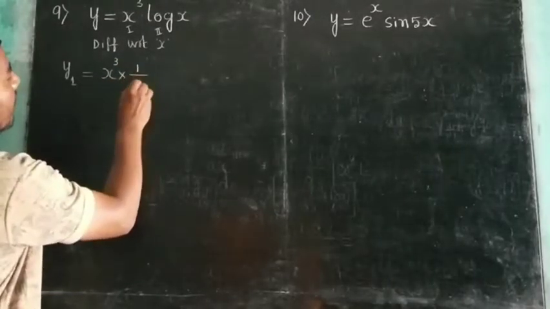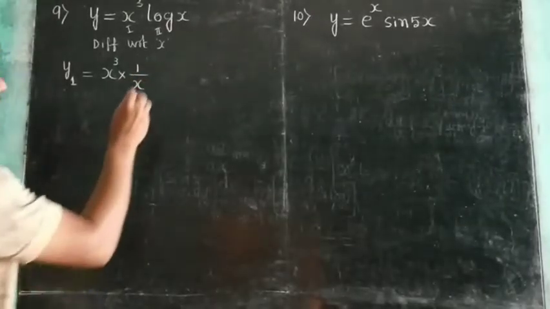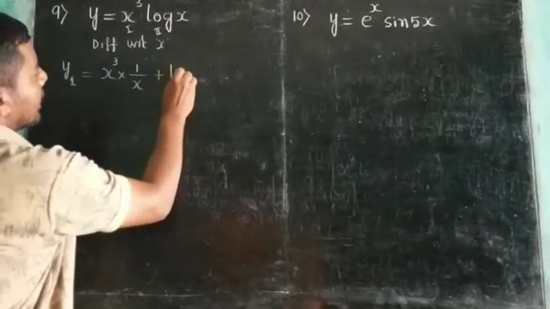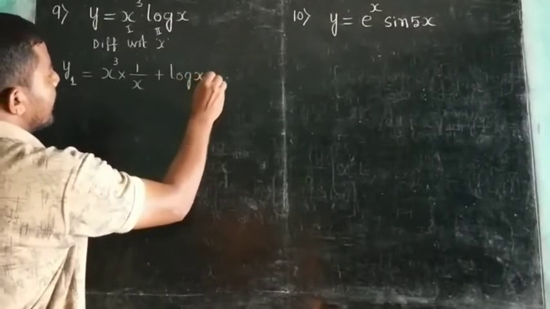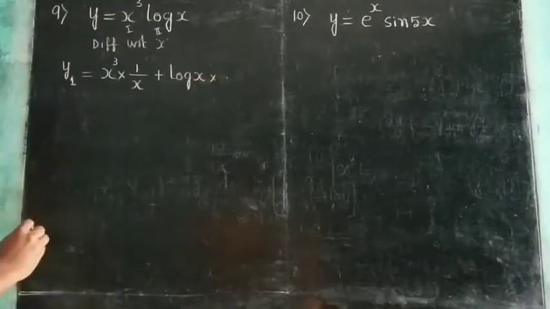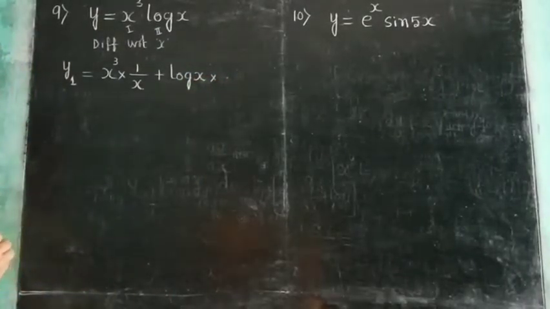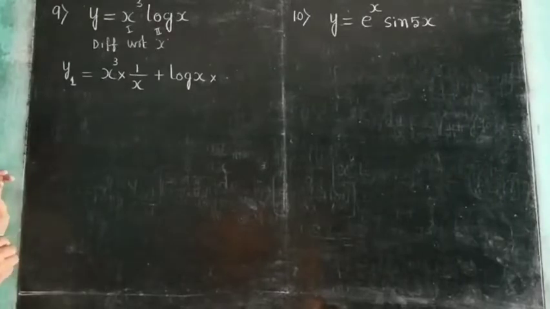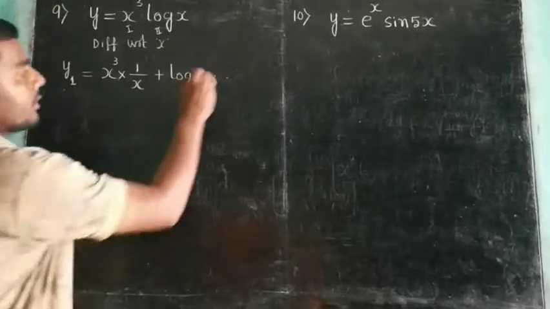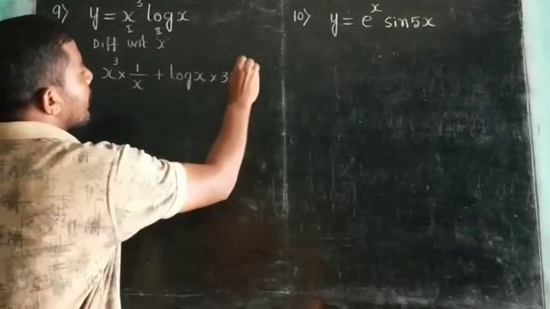The derivative of log x is 1 by x, plus second function as it is, into the derivative of x cube. x cube is of the form x power n, so the derivative is n into x power n minus 1.